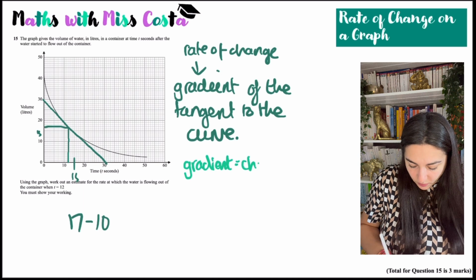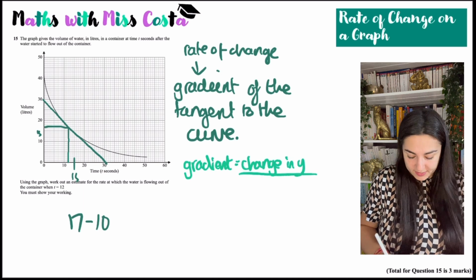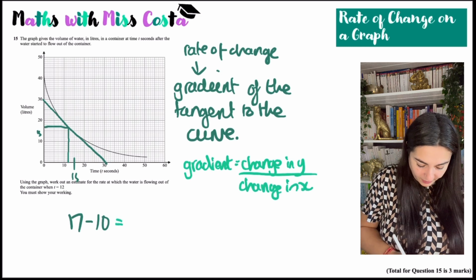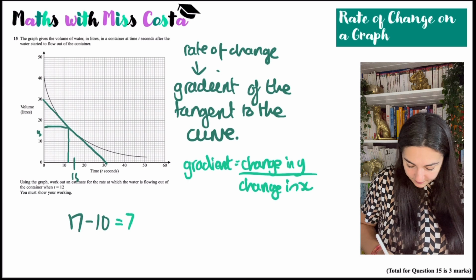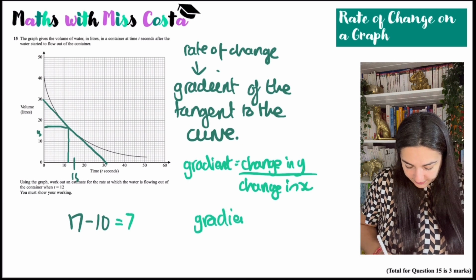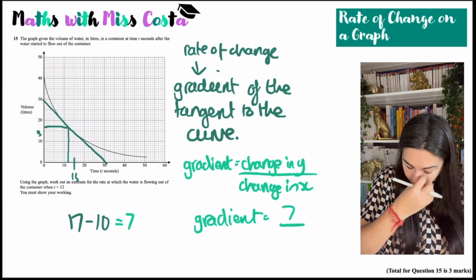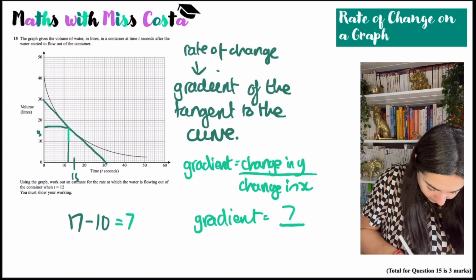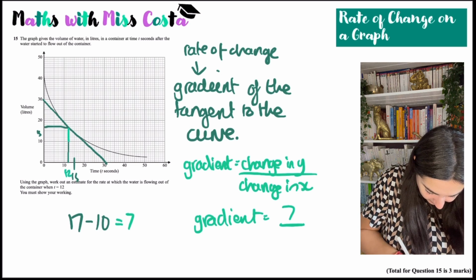is the change in the y-coordinates, or the difference in the y-coordinates over the difference in the x-coordinates. So my y-coordinates are 7. So the gradient is going to be 7 over, because from 17 to 10 is 7. And then from 12 to, I think, should I say 19?